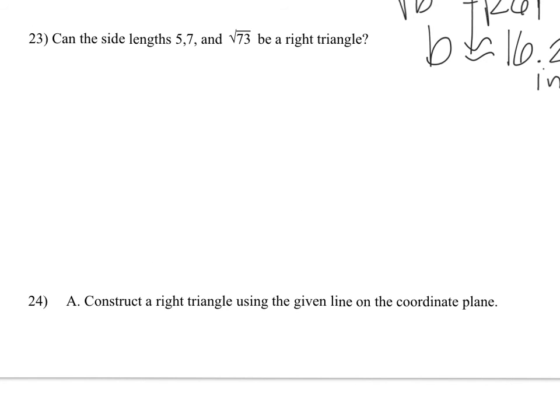All right, number 23. Can the side lengths 5, 7, and the square root of 73 be a right triangle? Well, this has a little bit of a different form than what we're used to, but the idea is the same. Whatever a squared plus b squared is, it has to equal c squared.